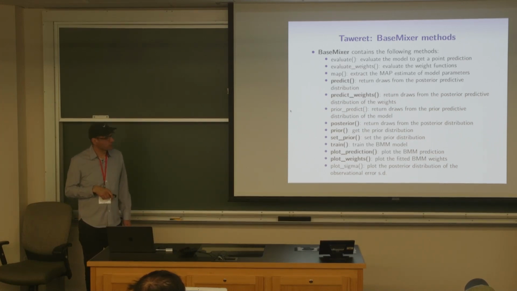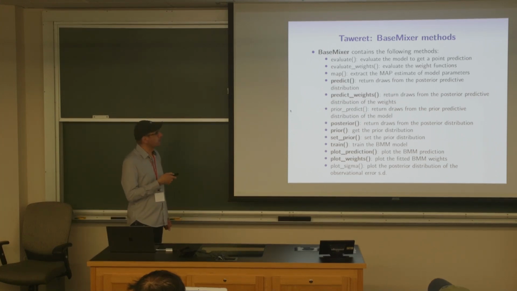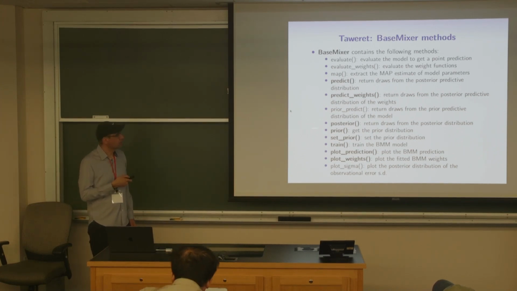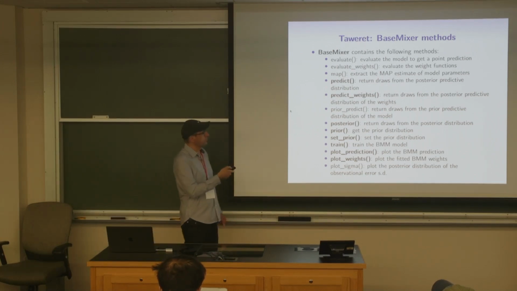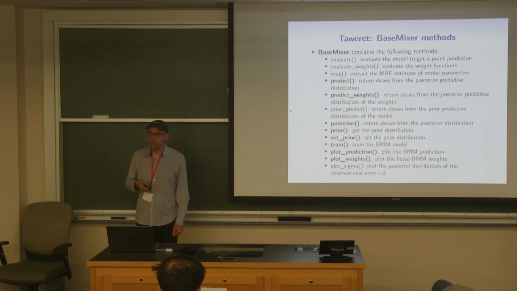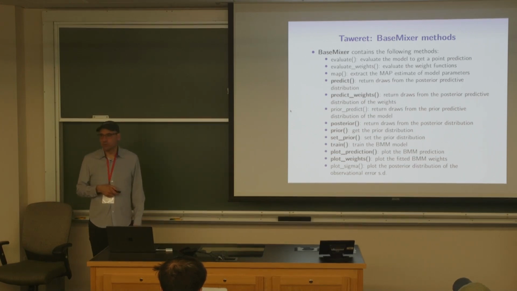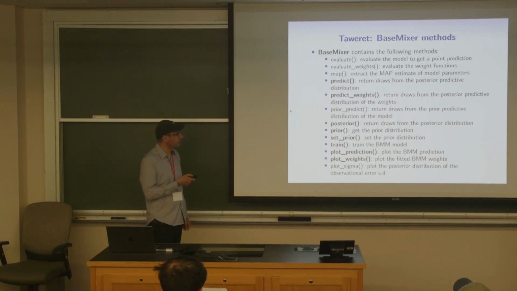Predict weights, again, returns draws from the posterior for the weight functions. Then you can draw from the prior and the posterior, and do other things like set the prior distribution from your particular BMM methodology. Train is one that you'll definitely want, because that's what actually runs the fitting of your BMM.